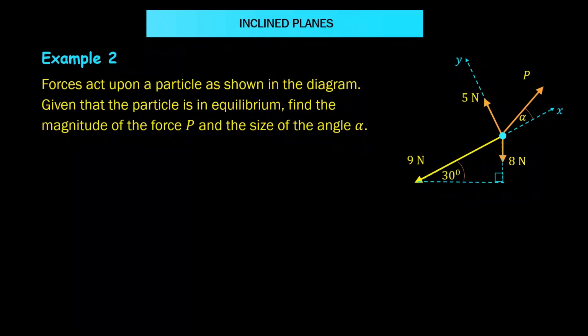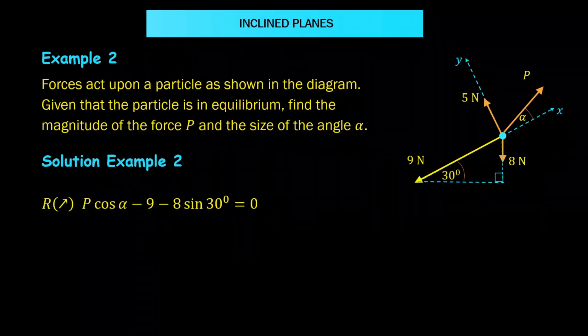Let's now take a look at an example. Three forces act upon a particle as shown in the diagram. Given that the particle is in equilibrium, find the magnitude of the force P and the size of the angle alpha. So let's solve this.